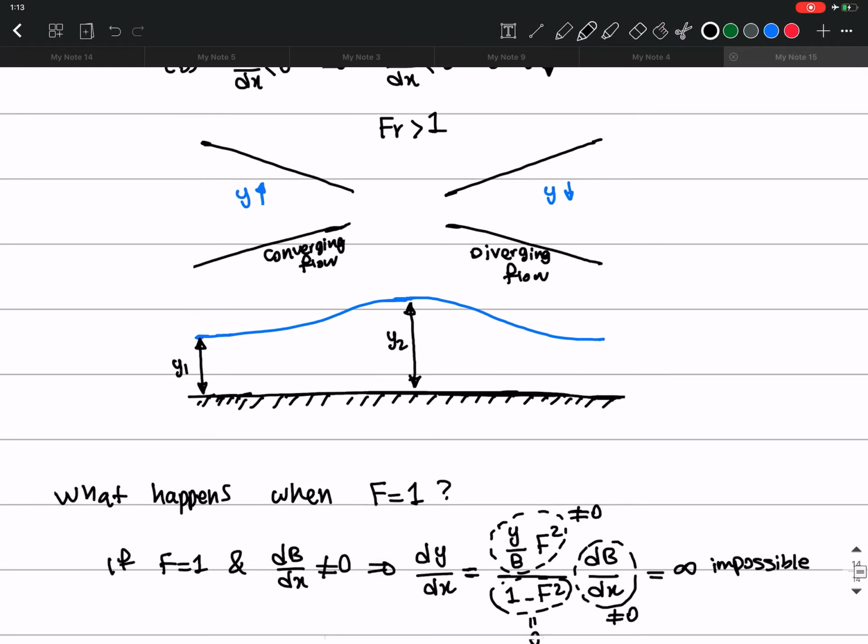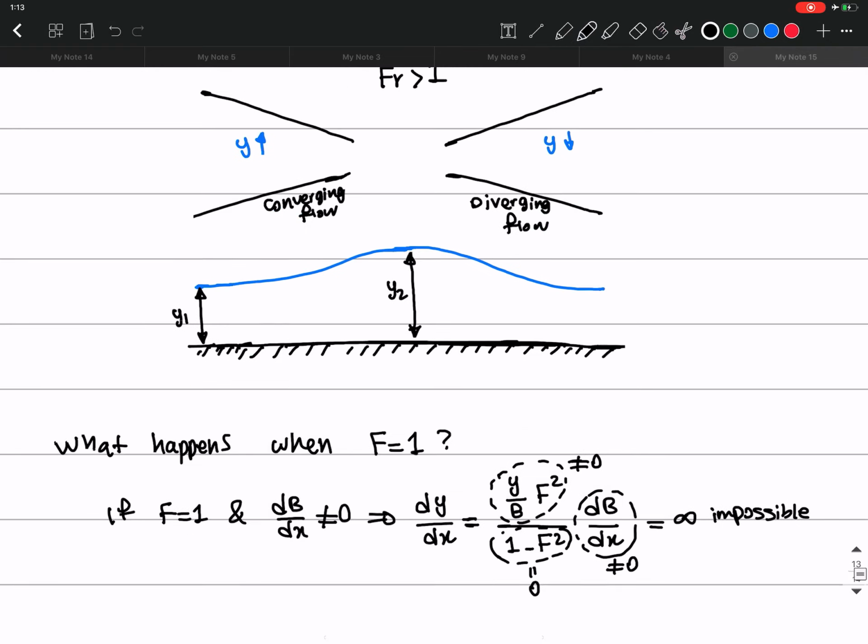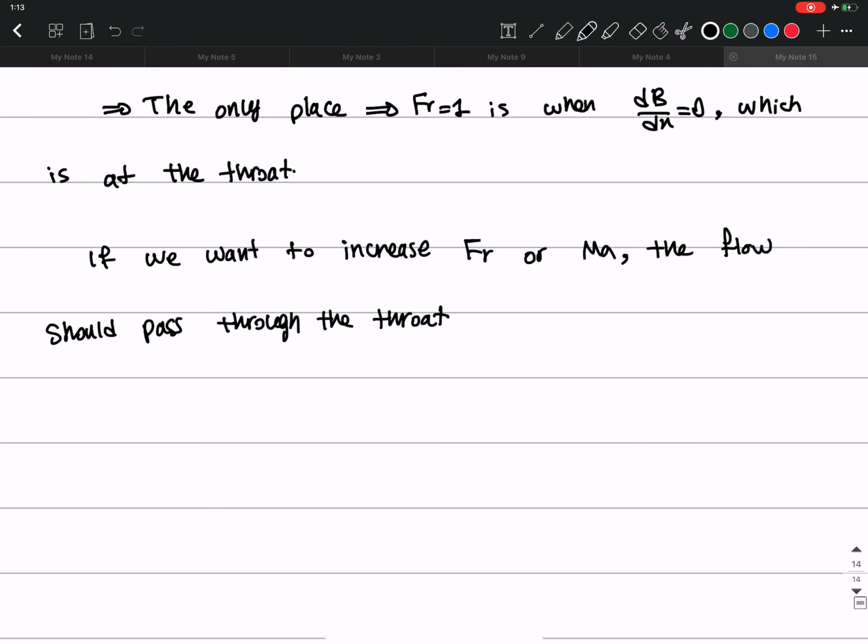So here, for example, everywhere but the throat, Froude number was greater than 1 or smaller than 1.